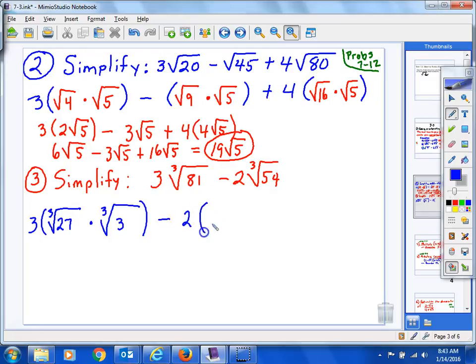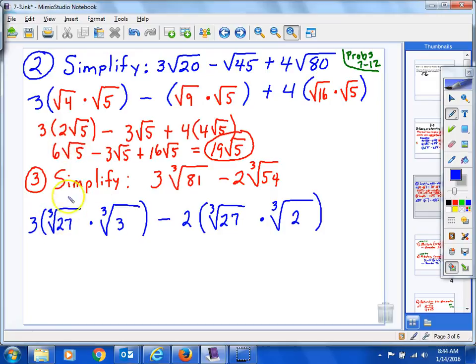All right, and then over here in a similar way, 54 does not have a perfect cube root, but once again, 27 divides into 54, so we could rewrite the cube root of 54 as the cube root of 27 times the cube root of 2. Okay, simplifying the cube root of 27, that's 3.